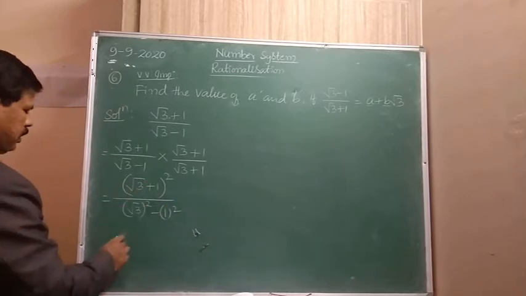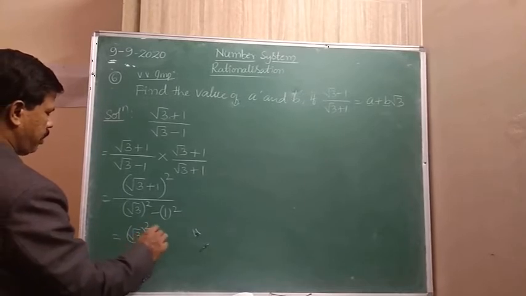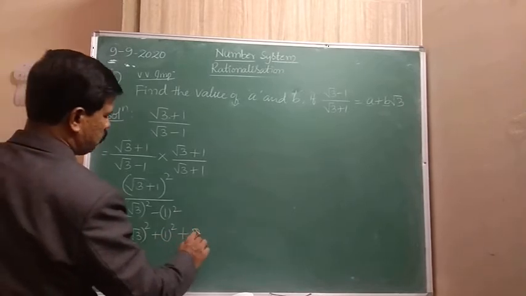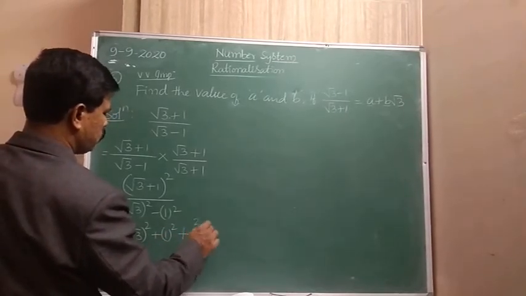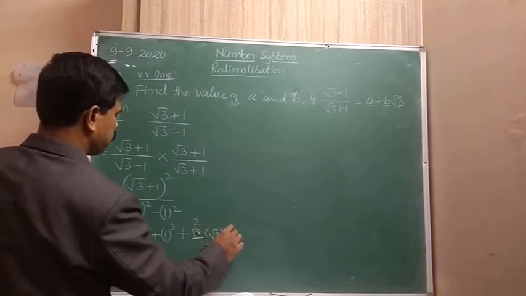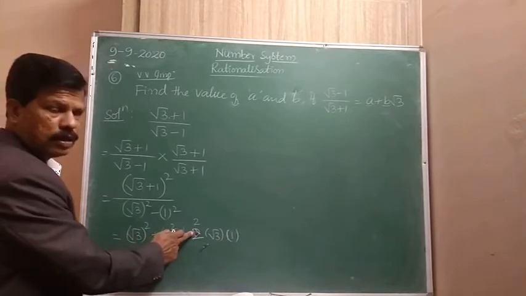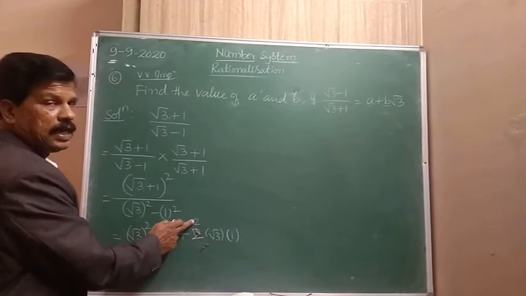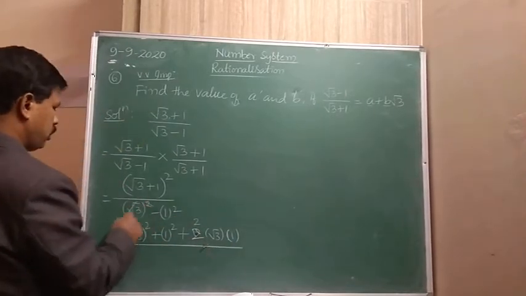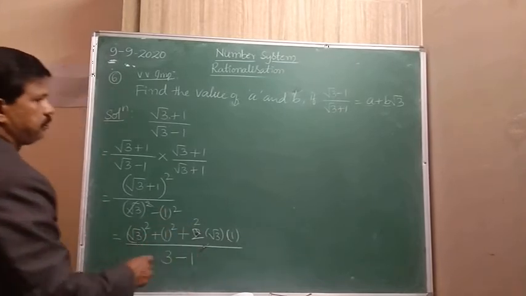Now expanding this, a square plus b square plus 2ab, this is 2 into root 3 into 1. You can't identify this number, that's why I have written it here. Whole divided by, square and square root get cancelled, 3 minus 1 square is 1.